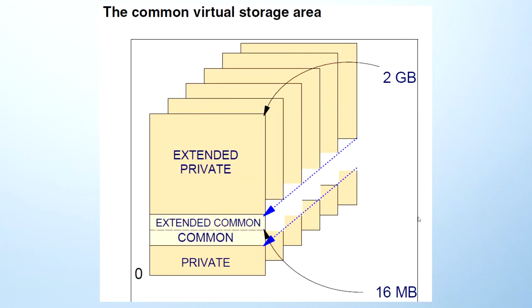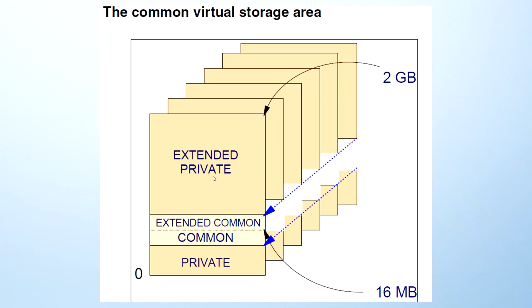Here he is trying to show you multiple address spaces, wherein some section of the address space is common. When you say common, that means that address is shared across all the address spaces, and the rest is private. Below the line it's just private, and above the line it's called extended private.